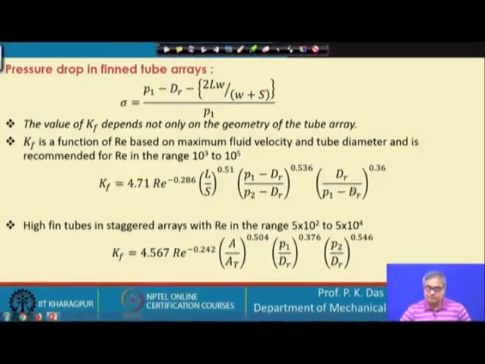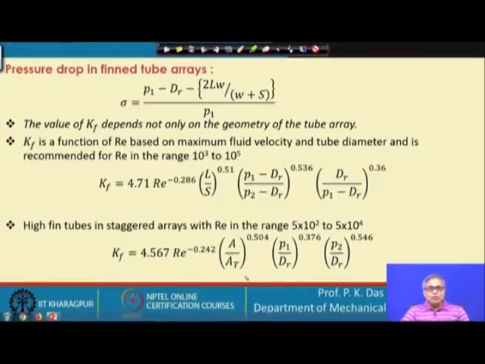So, basically it is dependent on Reynolds number, diameter of the tube, diameter of the fins etcetera. And then for high fin tubes in staggered array with RE in the range of 5 into 10 to the power 2 to 5 into 10 to the power 4, we have got some other formula. A and A T I have defined in our earlier class.